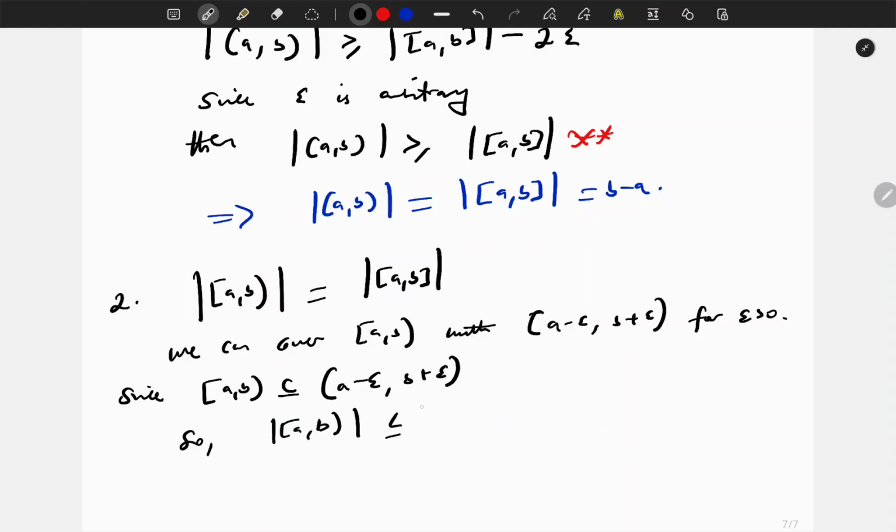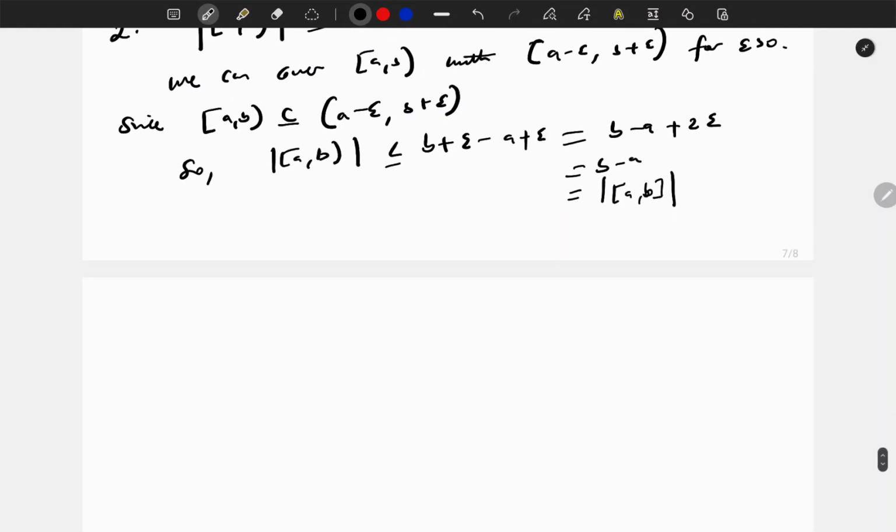If you go through this, you can just have b plus e minus a minus e, which is equal to b minus a plus 2 epsilon, and since epsilon is arbitrary, this is equal to b minus a, which is actually equal to the outer measure of [a,b]. So that is the breakdown of that.